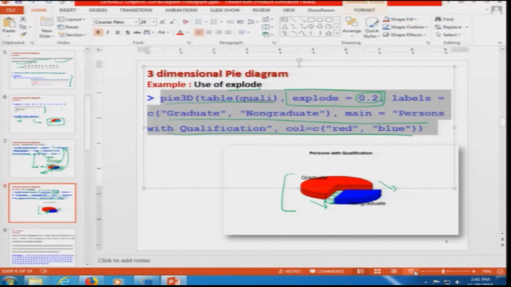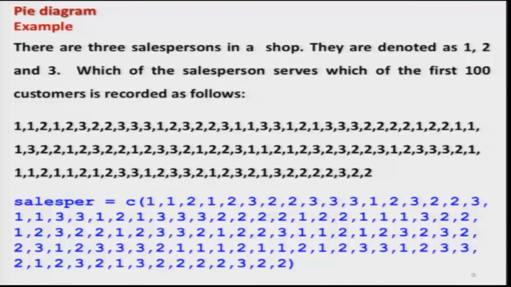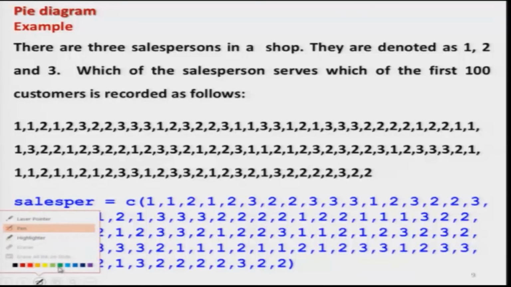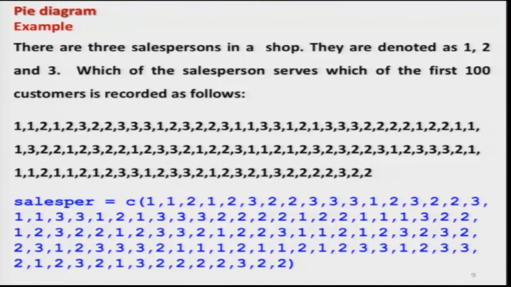Now I would take one more example to make you comfortable. Once again I will use the same data set which I had used earlier in the pie chart. That was the data on the 100 customers. They were entertained by 3 salespersons, 1, 2 and 3, and this data was stored in a variable salesper.